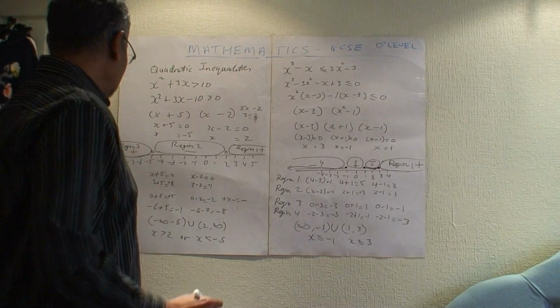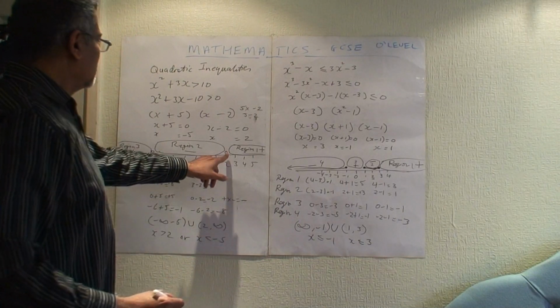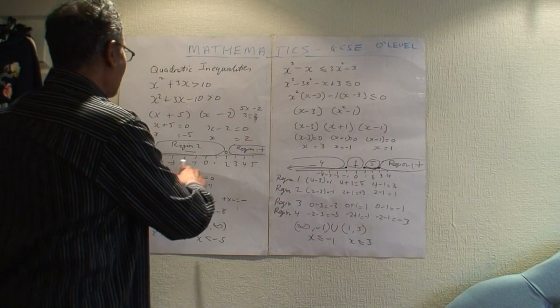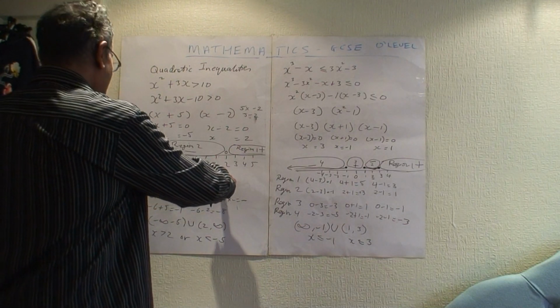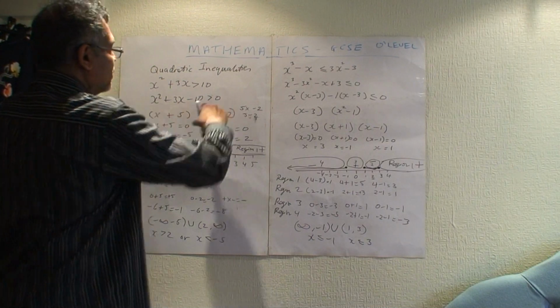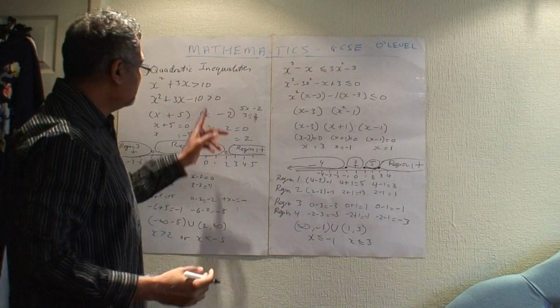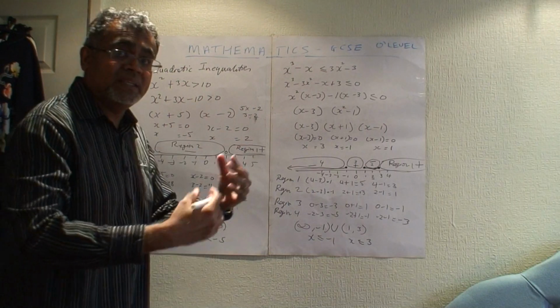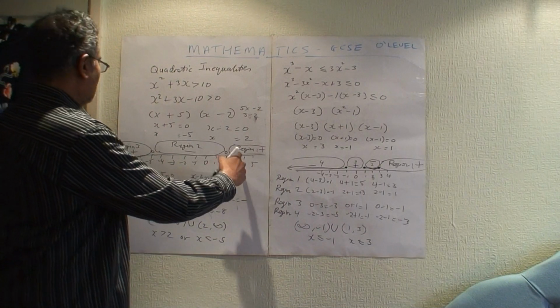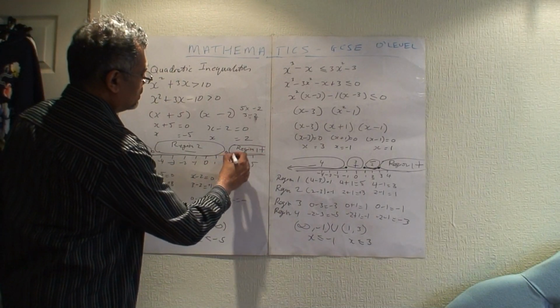Now I noticed that we did not plot it. We plotted it here with a 2 and a minus 5. But because it is greater than 0, which I didn't quite mention, greater than 0 means that it is positive. So we're looking at the positive regions. This here is the positive region, it goes in this direction.